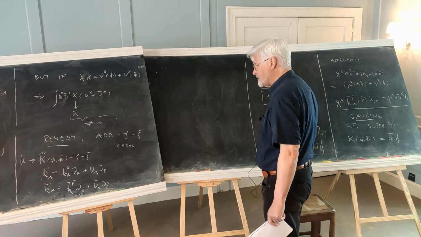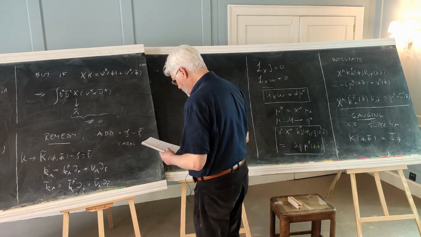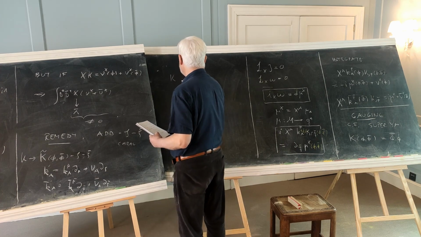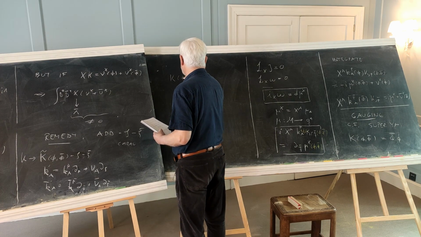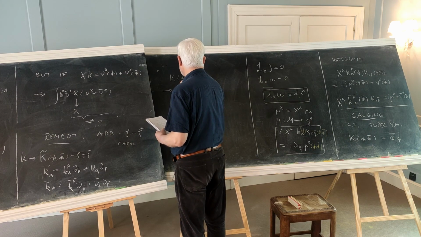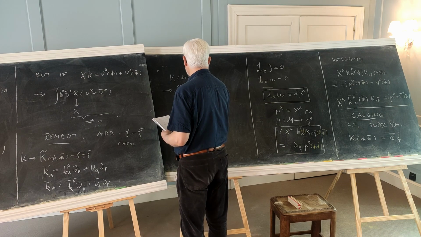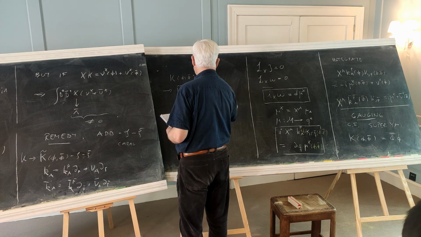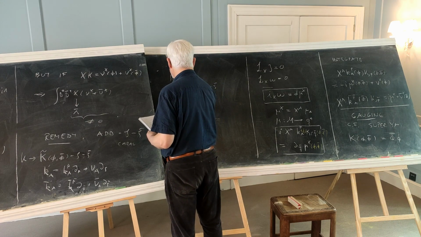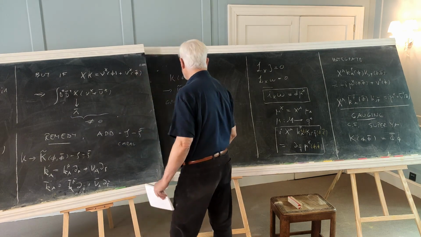All right, so what we do is that we let K, which was K of phi bar, go into K tilde of phi bar minus zeta bar, which in turn we gauge using that prescription.